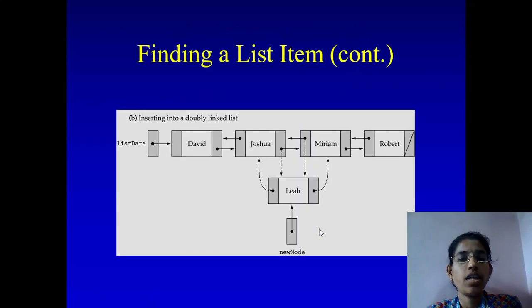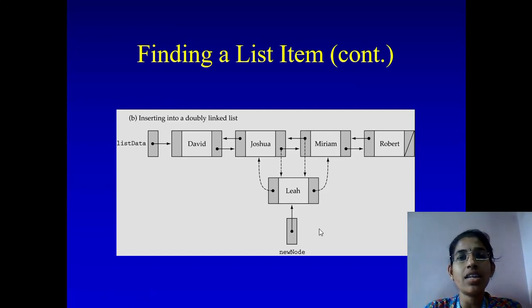Same as the singly linked list, we can do many operations in the doubly linked list. The first one is searching for a particular element, that means traveling from the start to the end of the linked list. The second one is inserting a particular element at the beginning, middle, or end.